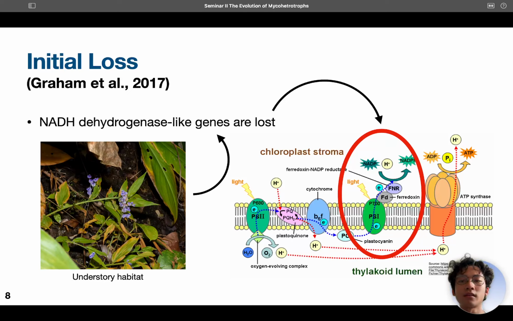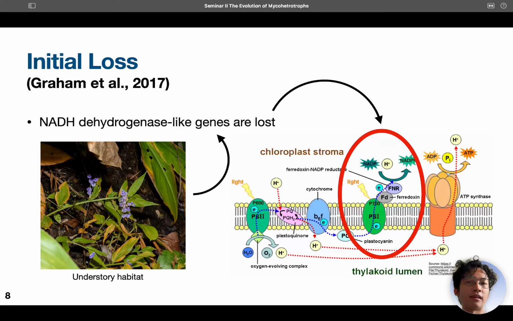So the story is the plant that survives in an understory habitat doesn't have to be exposed to very, very strong sun. So this response is no longer necessary for the plant. So why waste resources to do what you don't have to do?